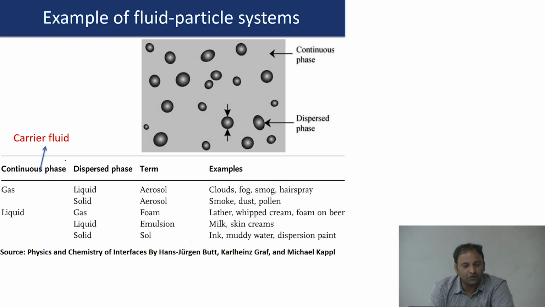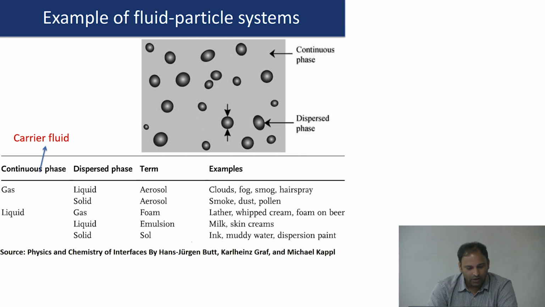So if you look at the continuous phase, the continuous phase can be gas, and your continuous phase can be a liquid. And your dispersed phase can again be liquid, solid, or gas, depending upon what kind of system you're working with.